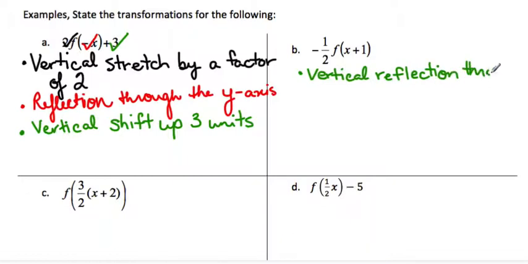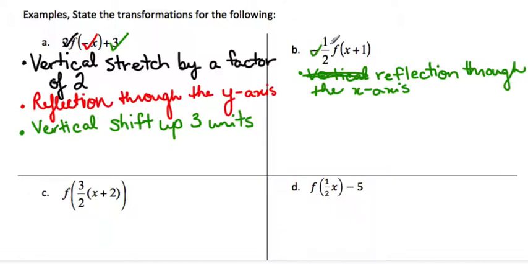So we're going to go through, since it's vertical, we're going to take the point and go through the x-axis. Now, since we're talking vertical and we're talking reflection, you do not actually need to state whether it's vertical or horizontal. You just state it's a reflection through the x-axis. So I've dealt with the negative.